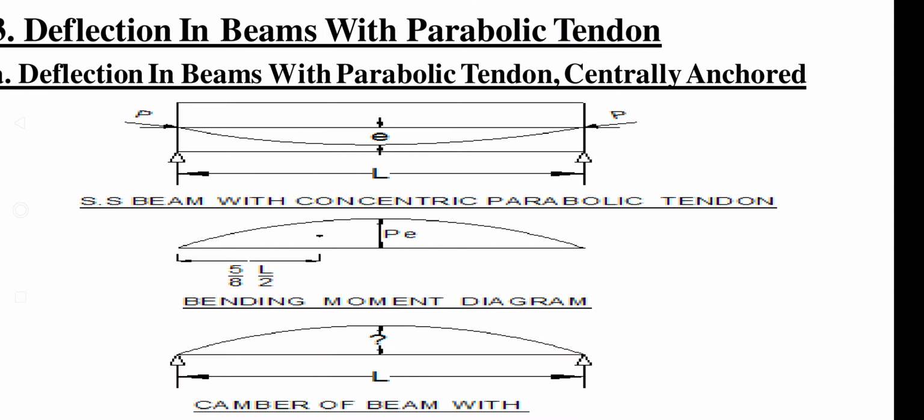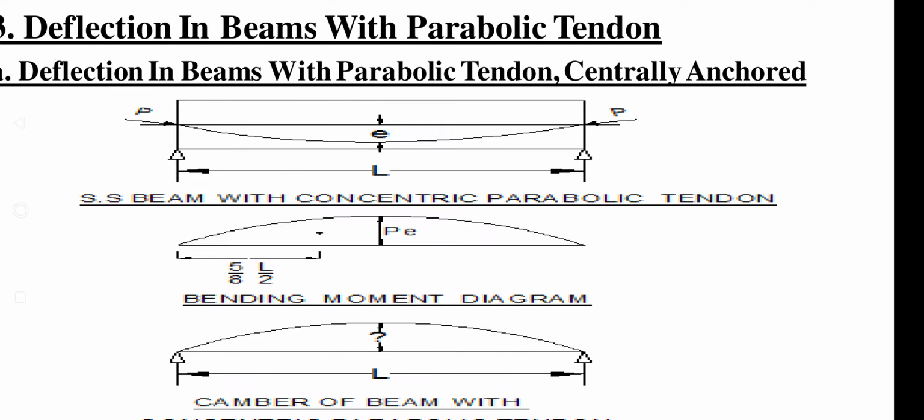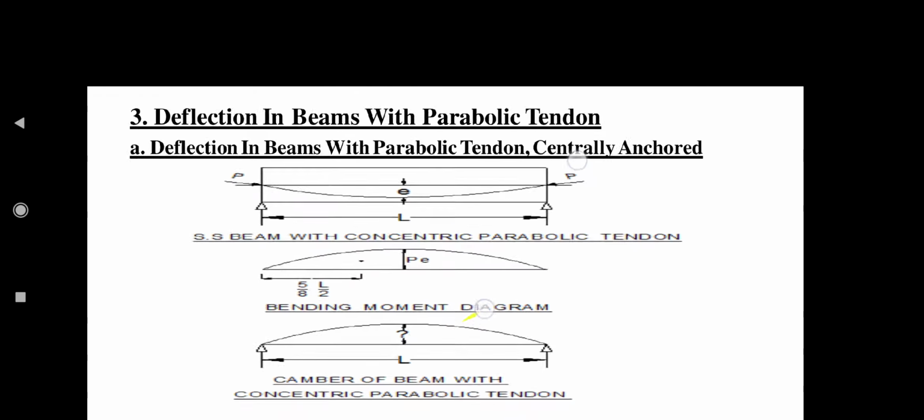We know that moment is equal to force into eccentricity. At both ends the eccentricity is 0 and the force is P, so P into 0, the bending moment is 0. At midspan the eccentricity is E and the force is P, so it is PE at midspan.